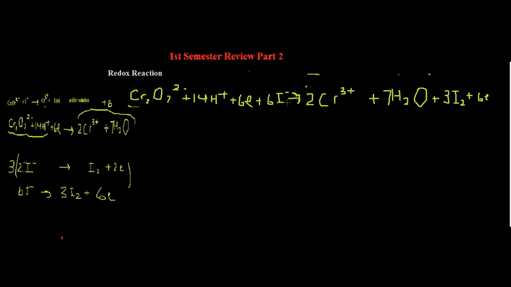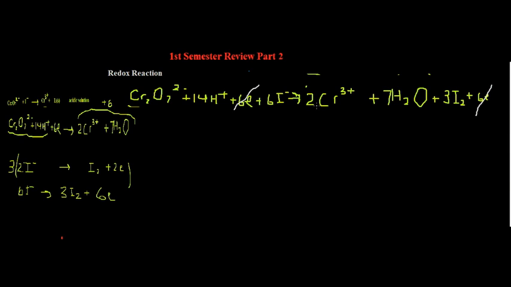You will get this whole equation right here, and you could notice that the 6 electrons on the left side and the right side could essentially cancel, right? So right now you have a balanced equation. This is what we were looking for. Theoretically, everything here is balanced for every single element and for the charge.